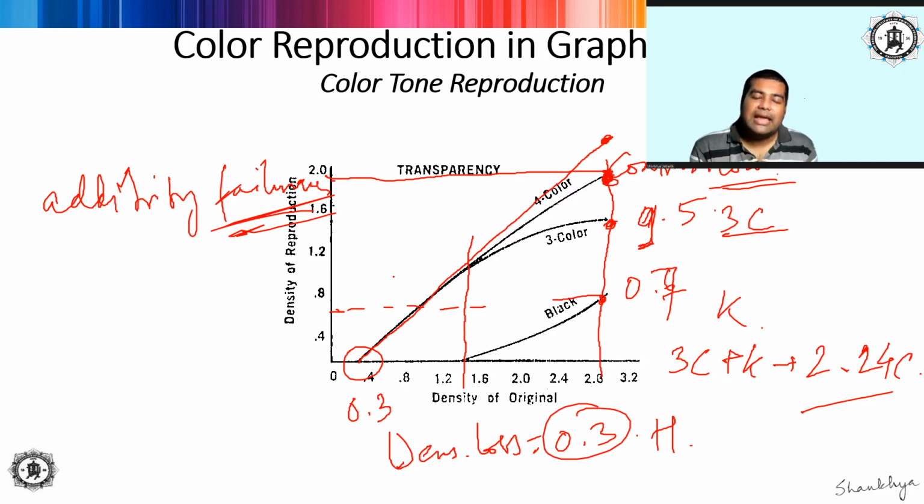Because the black is printing heavier than it should have, patches and blobs of black colors are all over there, and especially in the shadow areas, the overall dot gain increases, and as soon as dot gain increases, you will not be able to find out the details. If the details are not found, that means the tones are missing, and if the tones are missing, then the contrast is also less.